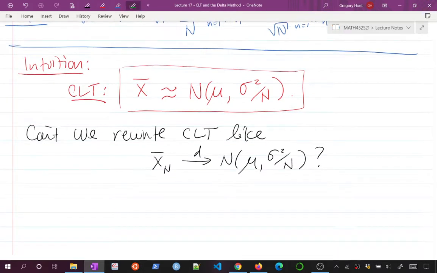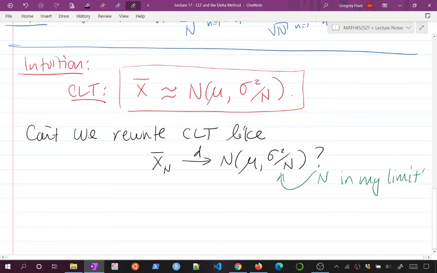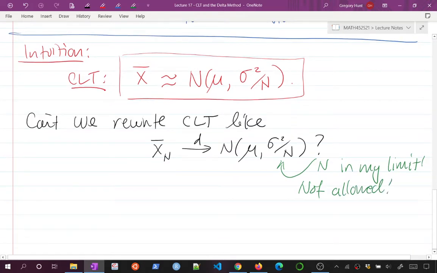The problem, and the reason you can't do that, is I have an n in my limit. And that is not allowed. You can't say that 1 over n converges to something involving n. The point of the limit is it doesn't involve n. It's a limiting behavior. So this doesn't properly make sense to write in a formal way.